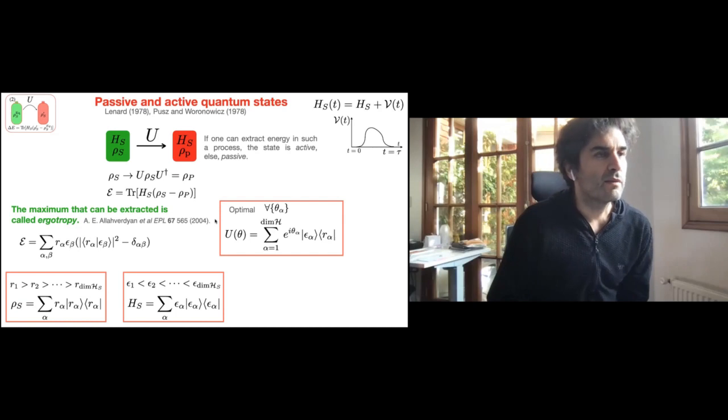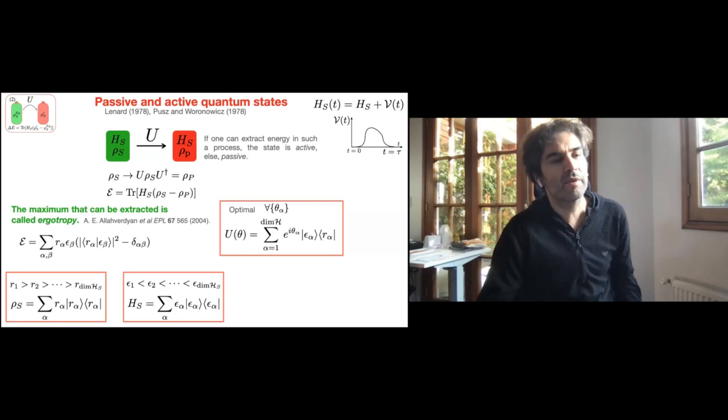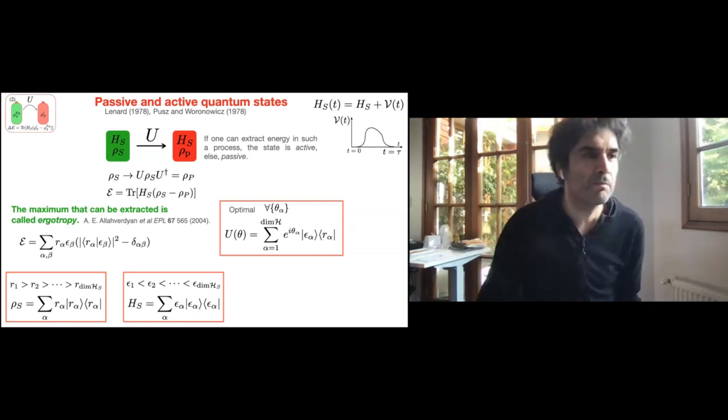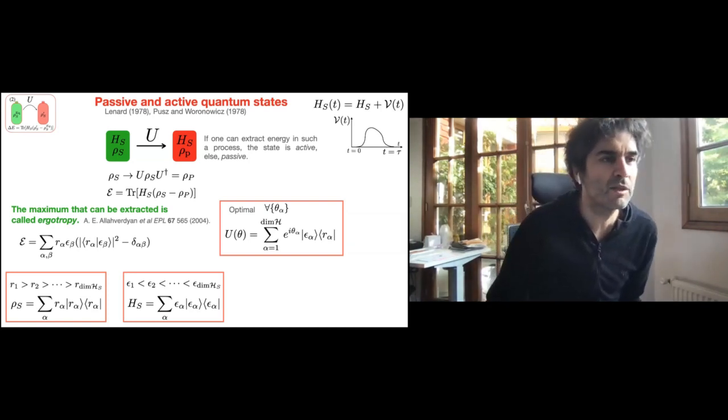And the unitary that allows you to extract this amount of energy is given by this expression. It's very degenerate. I mean, there are many unitaries because you can choose the phases here the way you like.